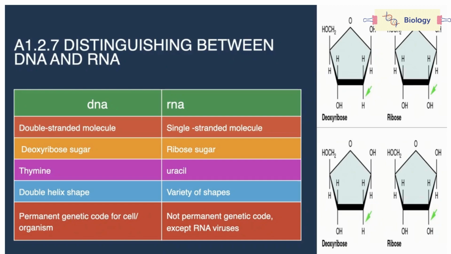DNA has thymine as a nitrogenous base, whereas RNA has uracil instead of thymine. DNA has a double helix shape, whereas RNA can be in different shapes. DNA is a permanent genetic code for cells and organisms, but RNA is not the permanent genetic code, and there's an exception: these are the viruses.